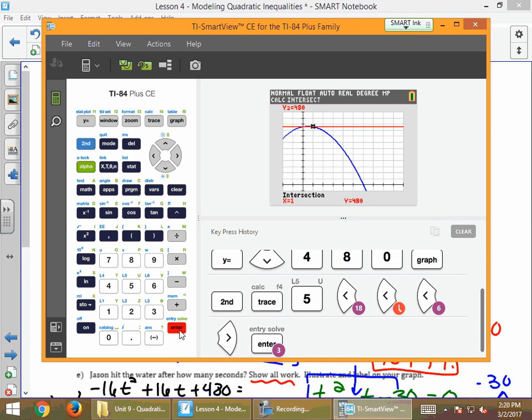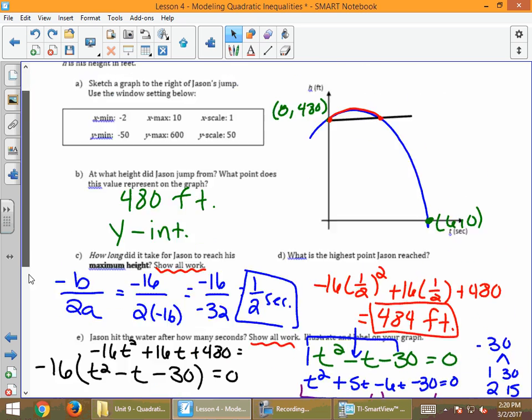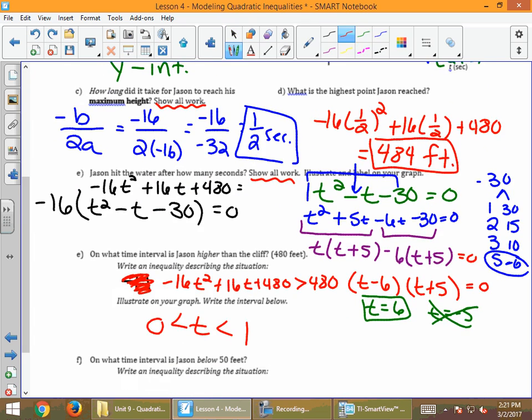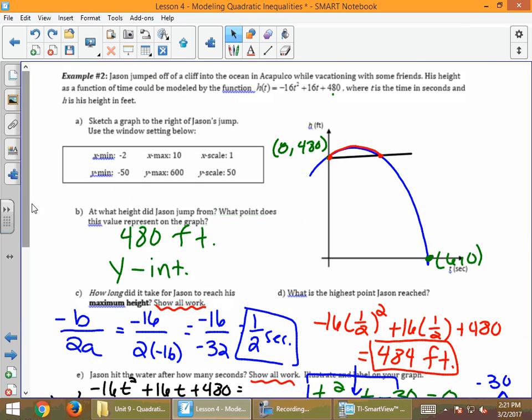So what second is that? What's the x value? 1. So from 0 seconds to 1 second, he is above 480. Starting at 0, he's above 480, he's above 480 at 1 second, he's now back to 480, and then he starts going below.